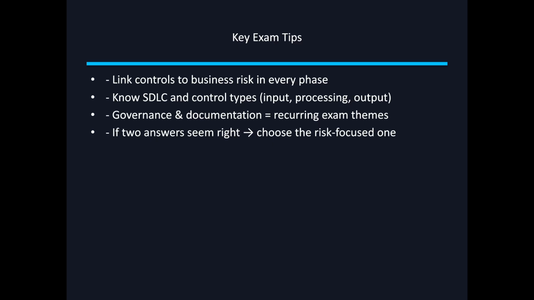As an auditor, documentation, testing, and change control are your strongest evidence. Understand control objectives and not just the process. Align every audit observation to business risk. That's what ISACA expects.